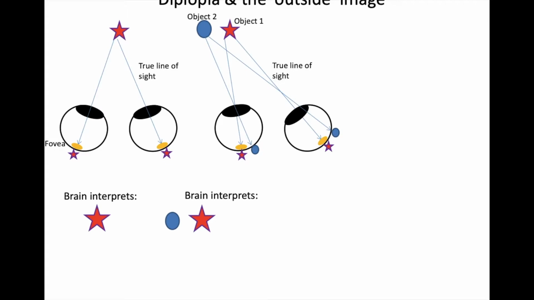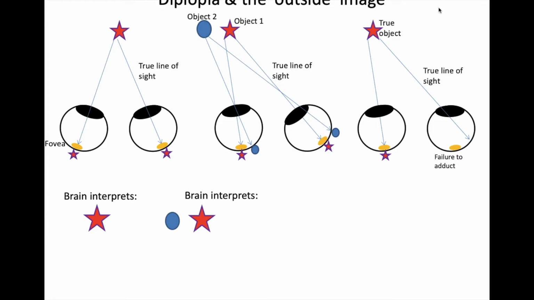Now let's move to the pathological situations where there might be movement restriction in one eye. So here, we've asked the patient to look to the red star to the side of them, but we have a failure of adduction. This eye is failing to adduct. You have the normal eye, which is able to abduct fully.